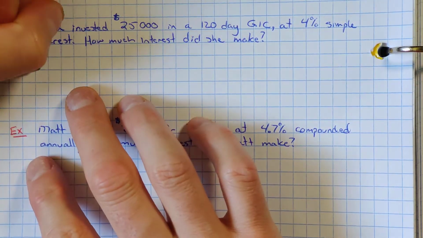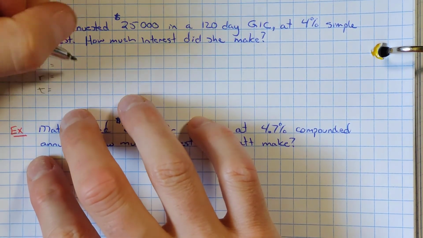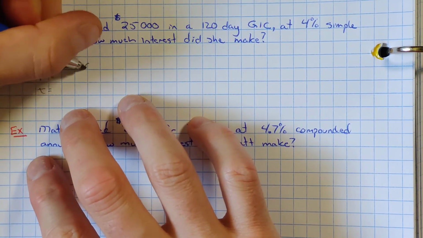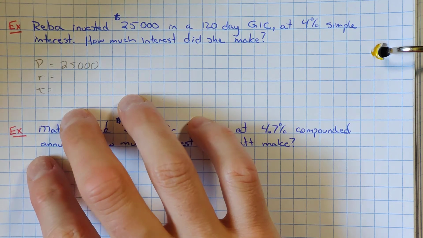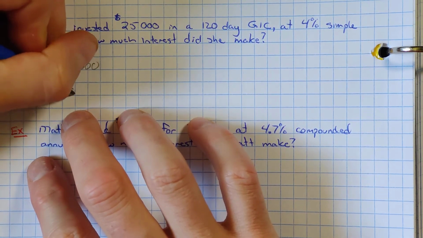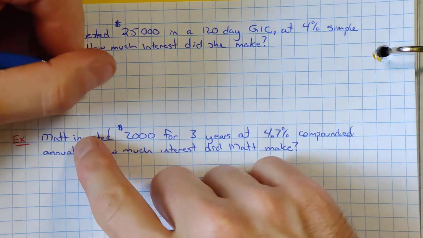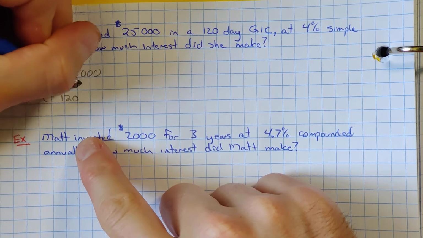Well, PRT, her principal, $25,000. Her time is 120 days. And now the last part here is the 4%.